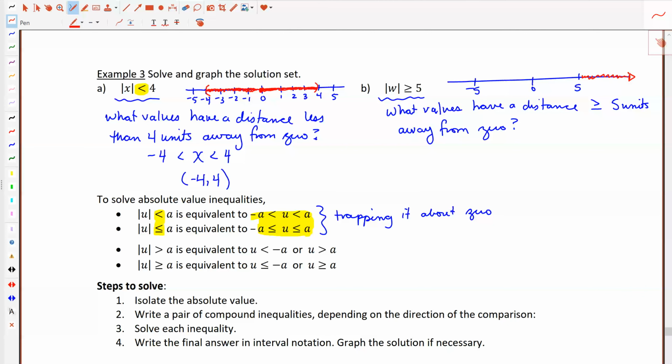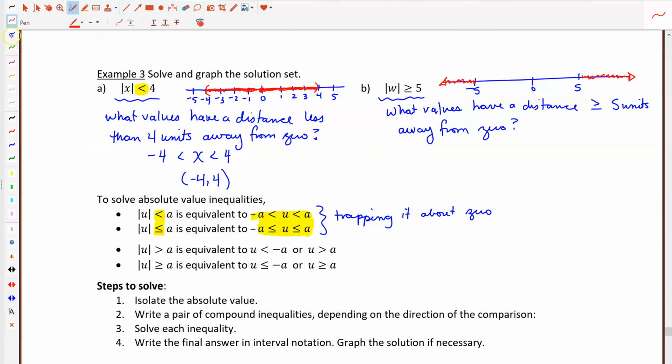And if I want to be more than 5 units away to the left, that'll be this stuff out here, to the left of -5. So I end up getting these two distinct regions that have this distance about being more than 5 units away. Specifically, all the stuff to the left of -5 and all the stuff that is to the right of +5.